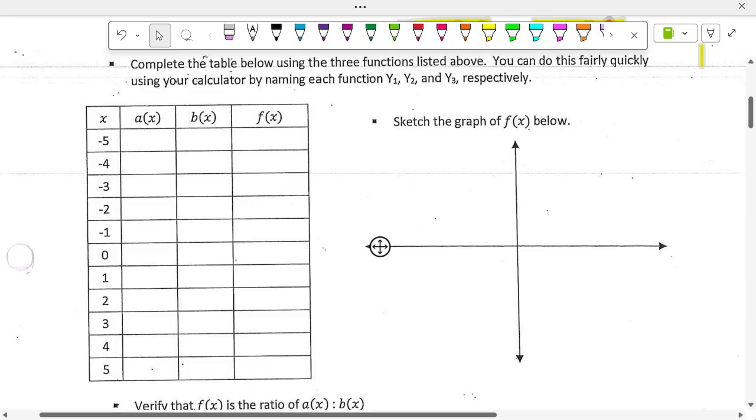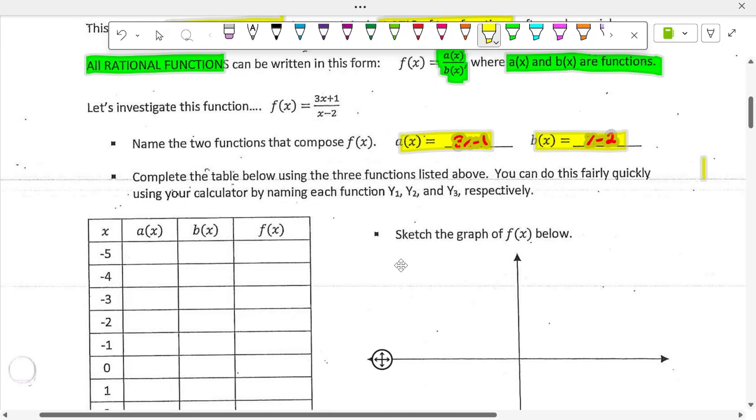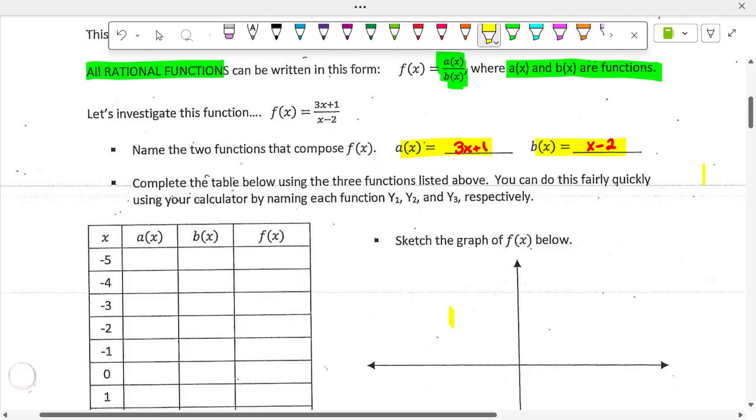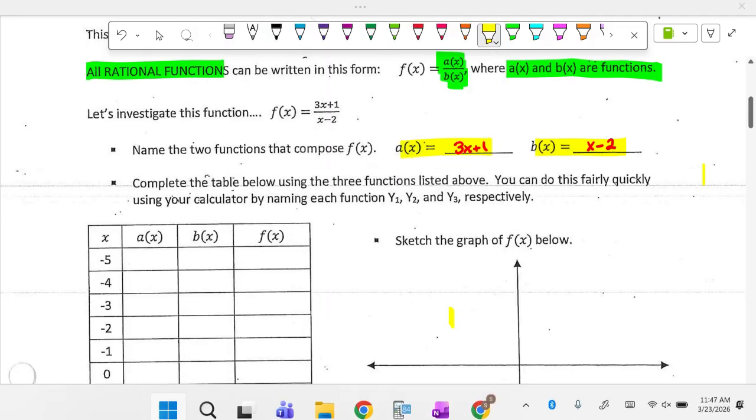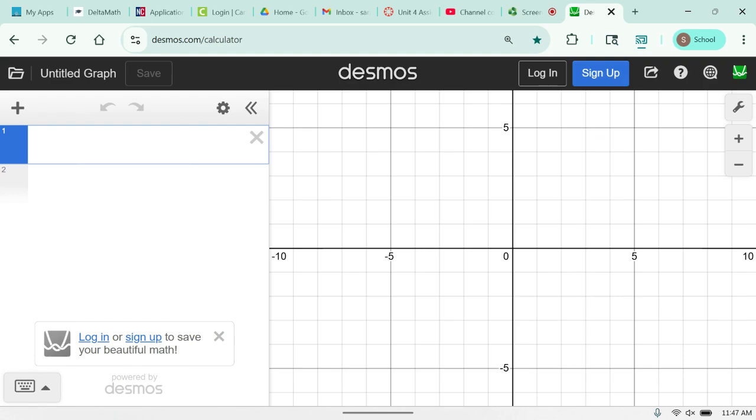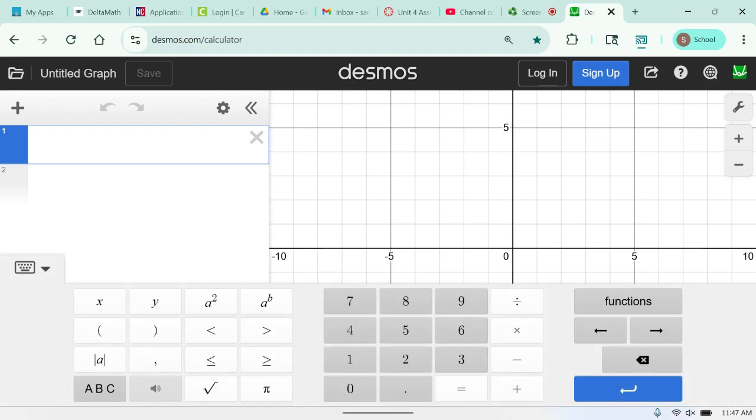So for example, let's say I was doing a of x. I'm going to type in 3x plus 1, and don't forget to put equals y. Now, who remembers how to generate a table in here?